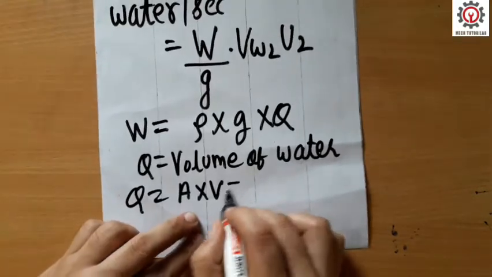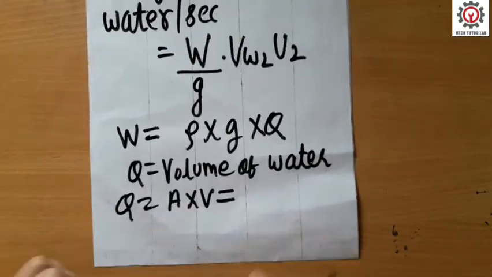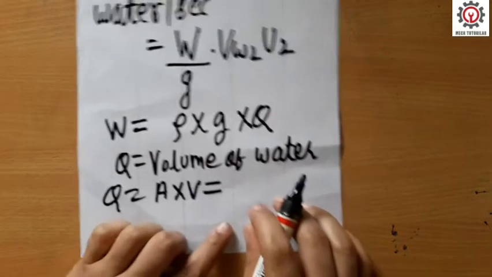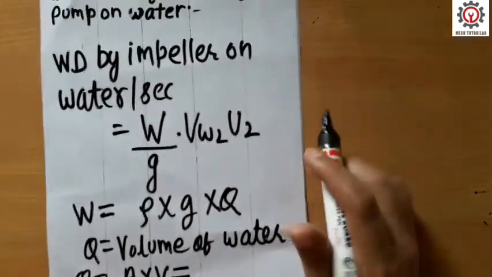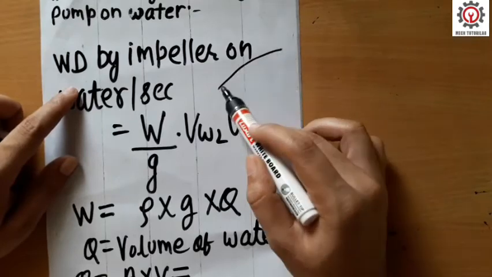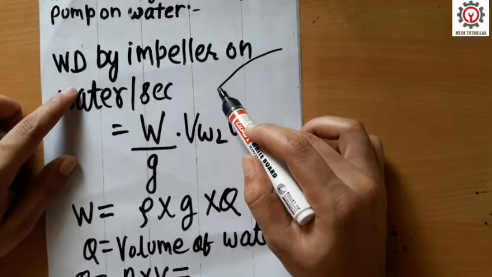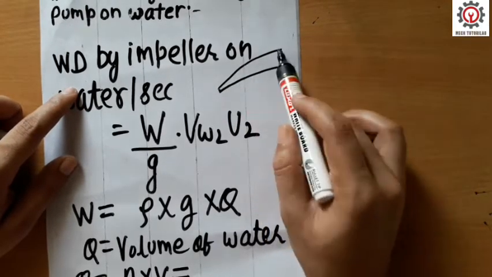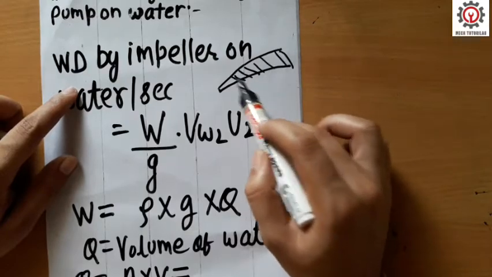Here the area of the curved vanes will be considered. The curved vanes are like this.